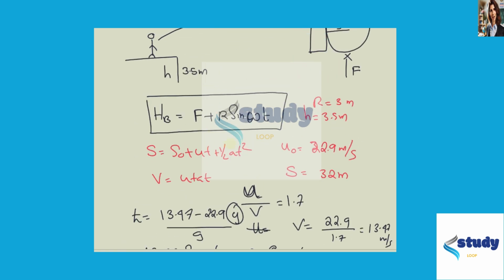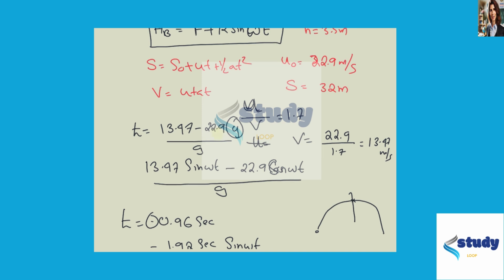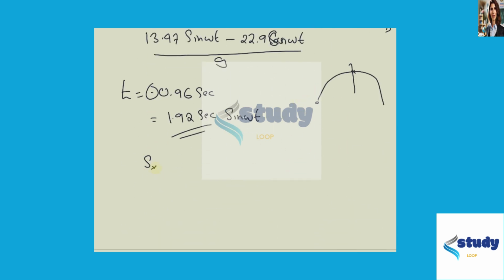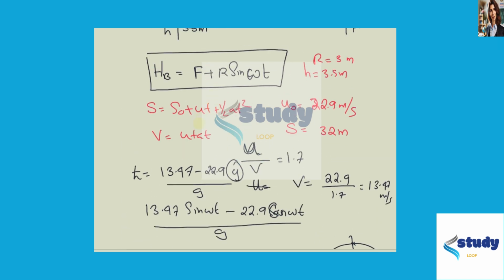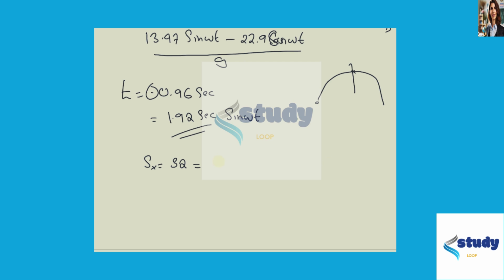Now coming to know if it hits or not, we are not certain about the value of omega t. The displacement in the x-axis, sx, will be equal to 32 meters. That will be equal to the initial velocity, 22.9 times cos omega t, times t, and there is no acceleration in this case.